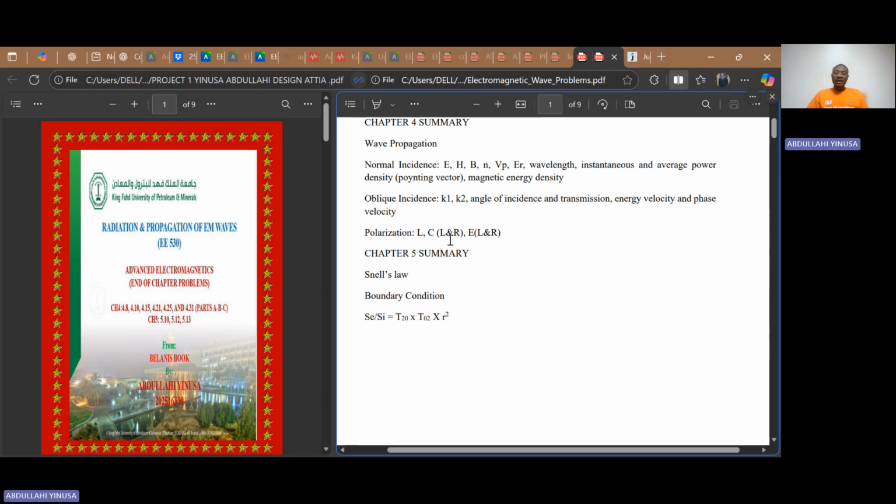Now we have circular polarization. Two waves are said to be circularly polarized if Ex, the magnitude of the wave on the x-axis, and the magnitude on the y-axis are the same. When they have the same magnitude but a phase difference of 90 degrees, it is said to be circularly polarized.